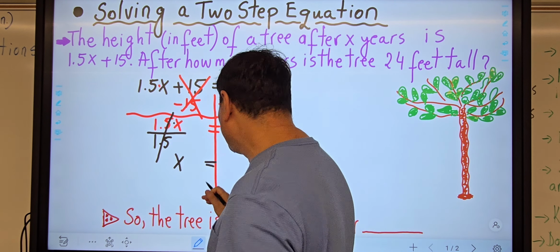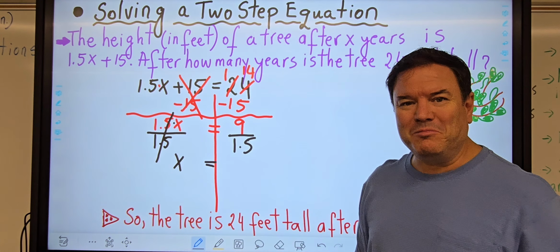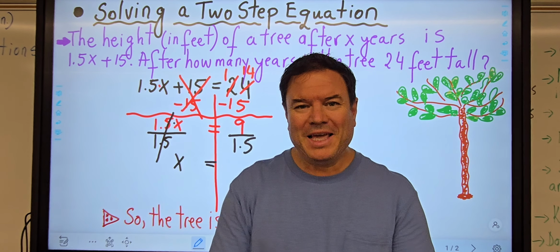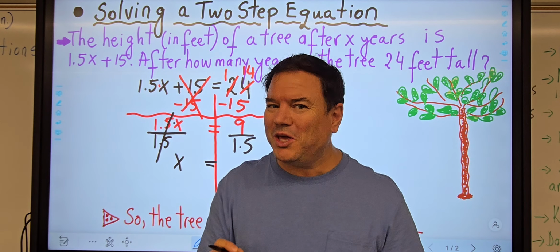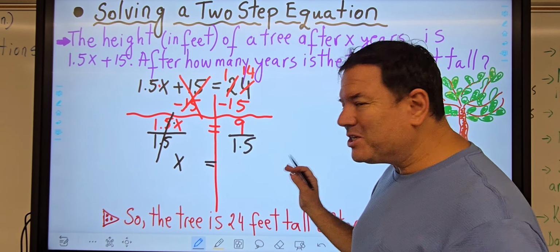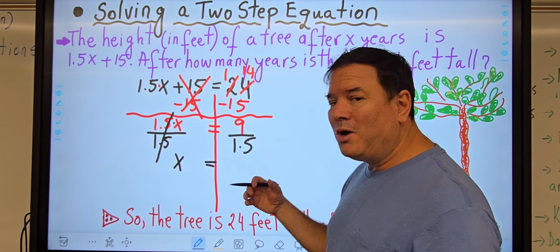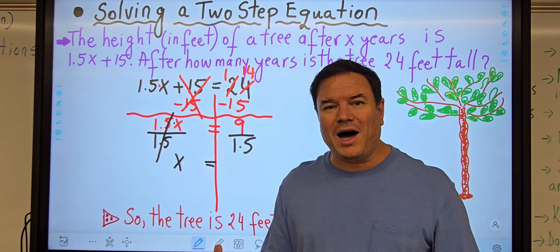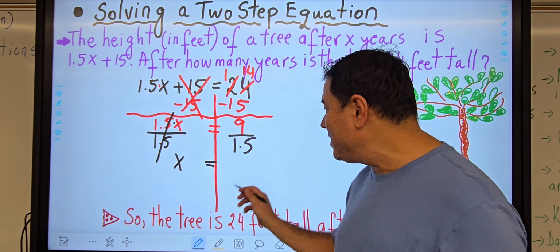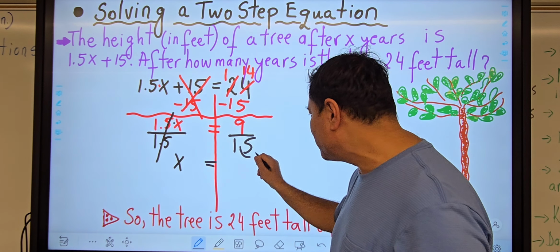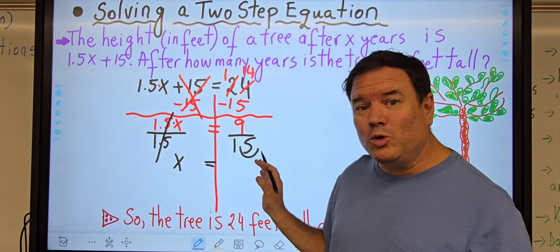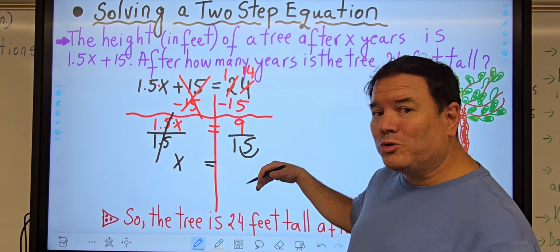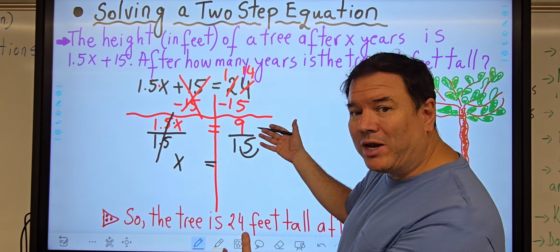And now let's solve 9 divided by 1.5. Remember, in the previous videos, the easiest way to solve this division is to turn 1.5 into a whole number by moving the decimal to the right one place. Whatever we do to one number, we also have to do to the number in the numerator, 9.